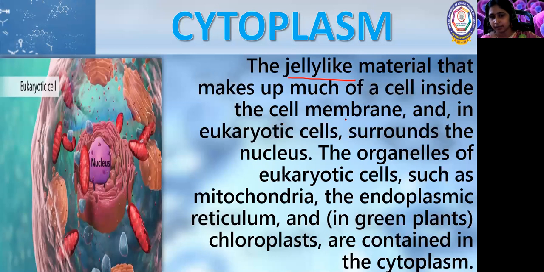The cell membrane in a eukaryotic cell surrounds the nucleus. They are just showing the location here. Observe this point: the organelles of eukaryotic cells, such as mitochondria and all the other organelles, are dispersed in this cytoplasm.